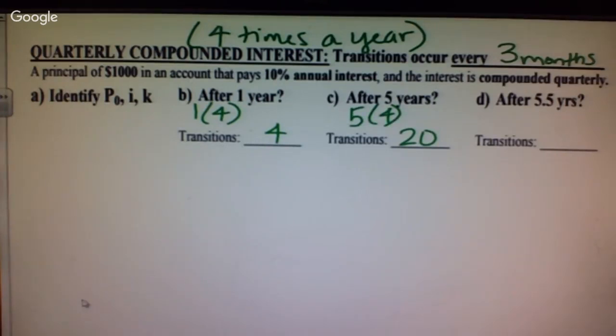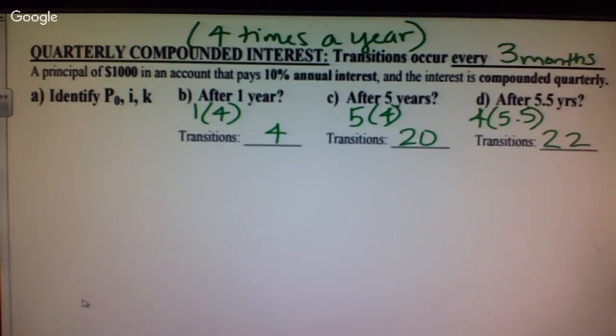After 5.5 years? 22 transitions, 4 times 5.5. That's going to be the number that you raise it to.